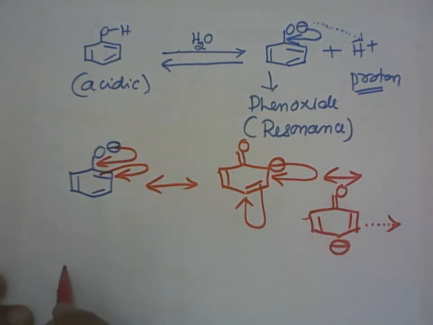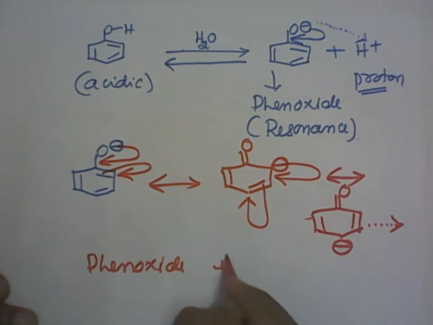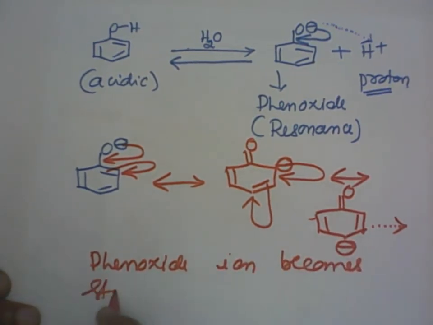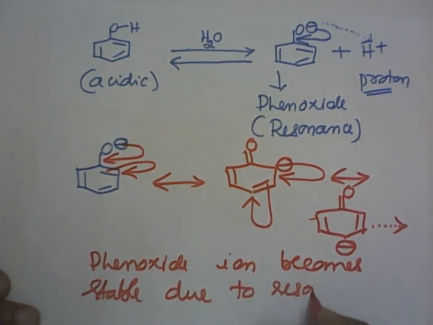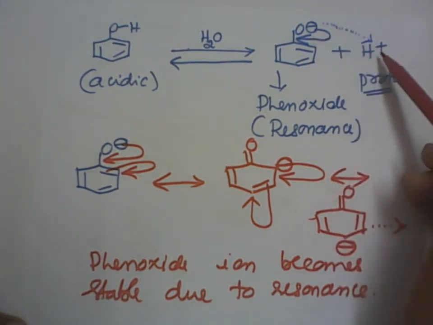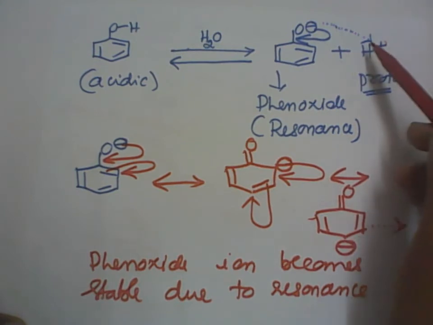Remember, here the negative charge is delocalized and becomes more stable. Therefore, phenoxide ion is more stable, due to resonance. That means O minus is not easily available to H plus, right? So H plus ion is now free.